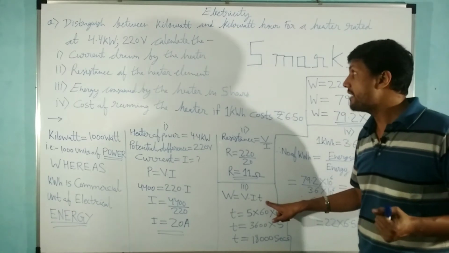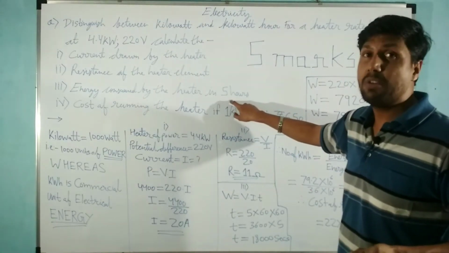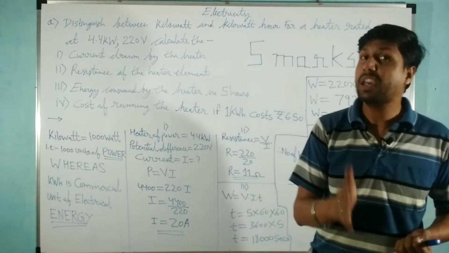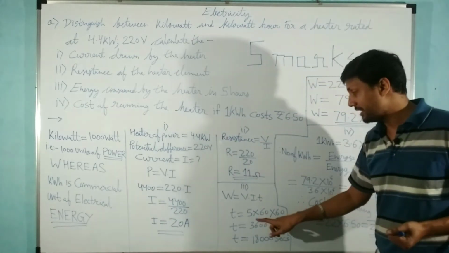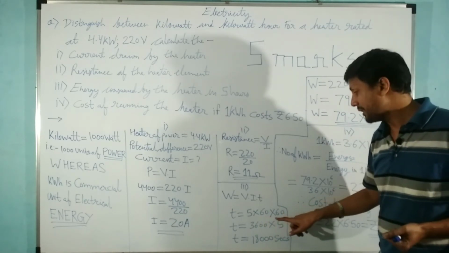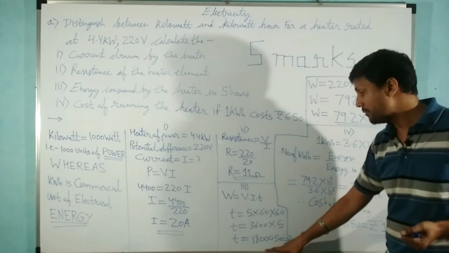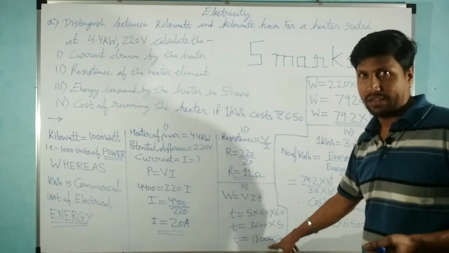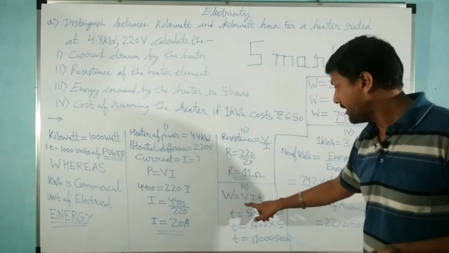The time is given as 5 hours, so first we have to convert 5 hours to seconds: 5 hours into 60 minutes each hour and 60 seconds in every minute. So time is 18,000 seconds.